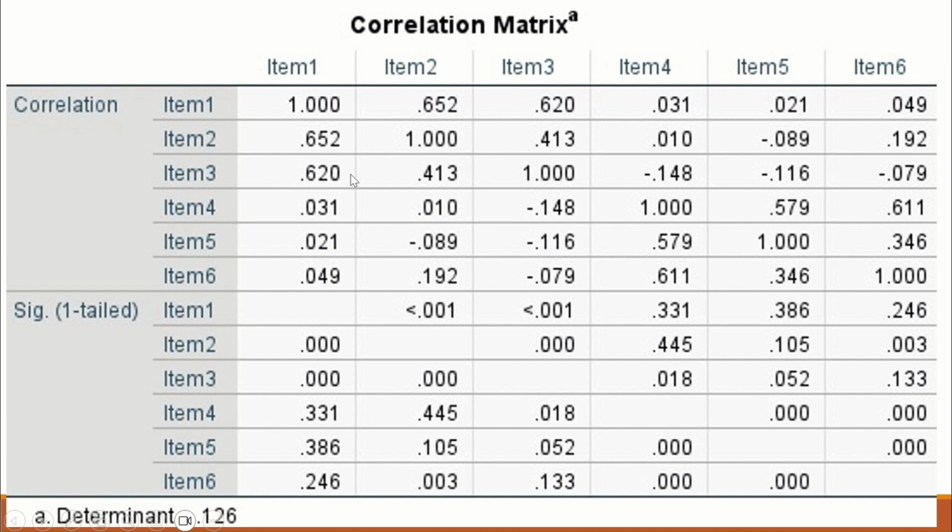For item 3, within the range. Correlation between item 1 and 4 is very poor, less than 0.3, it is 0.03. So item number 4 is weakly correlated with item 1, and item 1 and 5 is less than 0.3. So the correlation values between pairwise items need to be examined and checked, the p-value given here should be less than 0.05 for significance, and the determinant has to be greater than 0.00001.